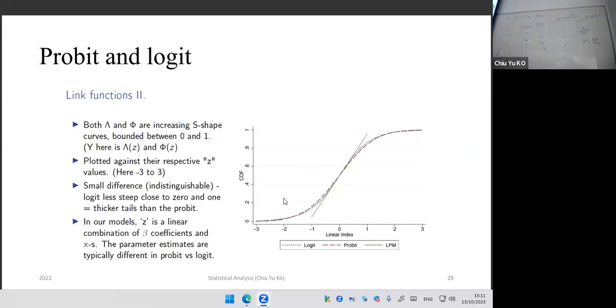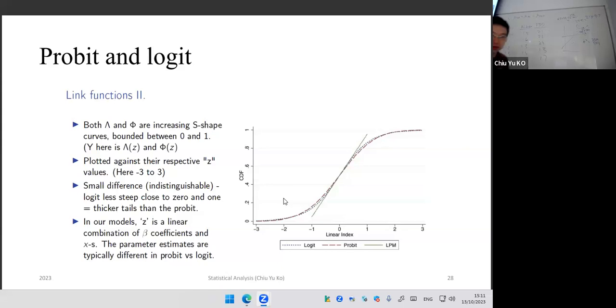Probably you ask why people did logit or probit in the old days. Probit is more difficult to calculate because the normal has no closed form solution. But with logit, you can derive some properties. So that's why logit is older technology and probit is newer technology. But anyway, you have computers, so it doesn't really make a difference.